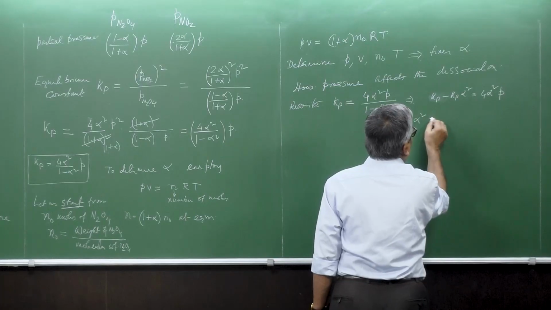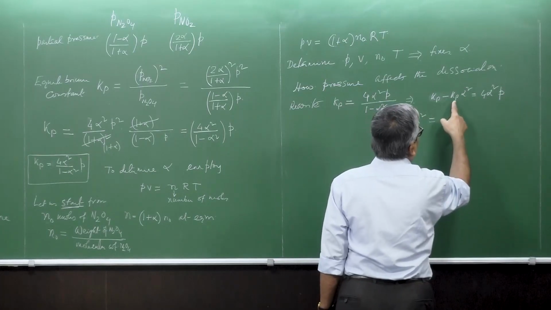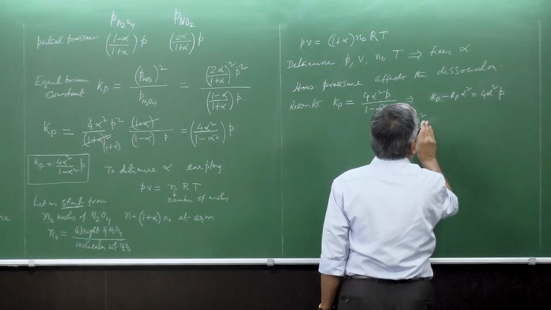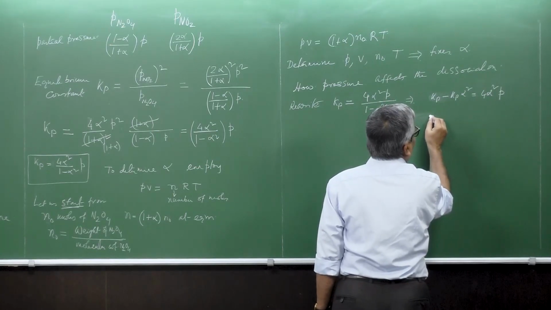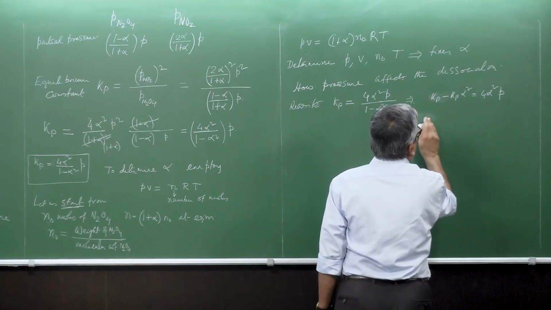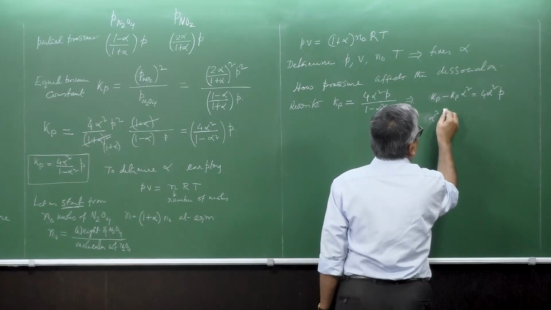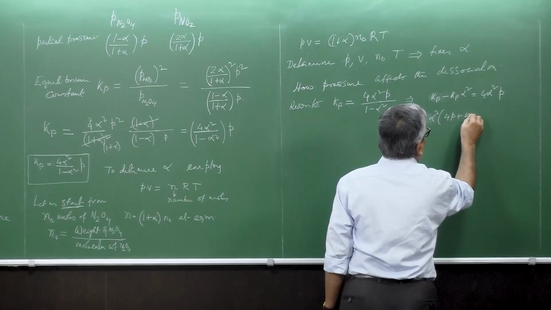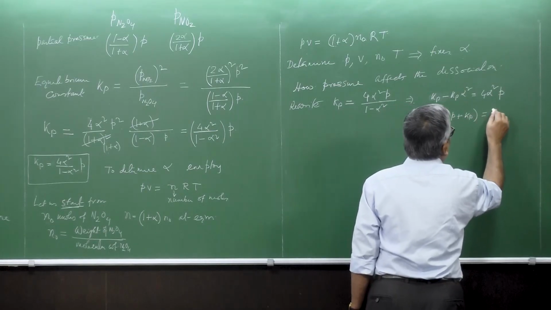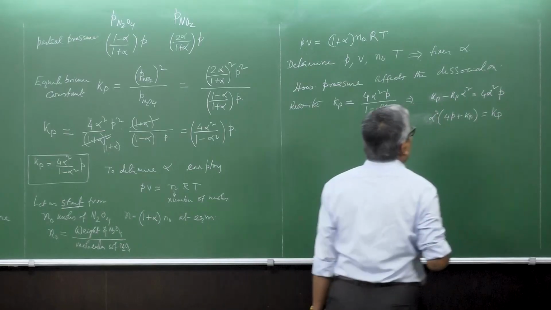So alpha square is basically, if I take it to this side, I write alpha square into 4P plus Kp equal to Kp.